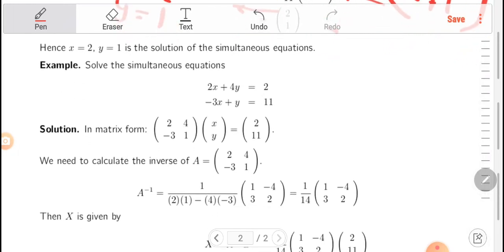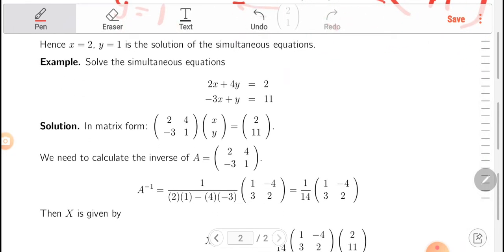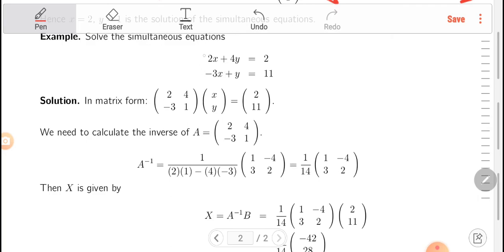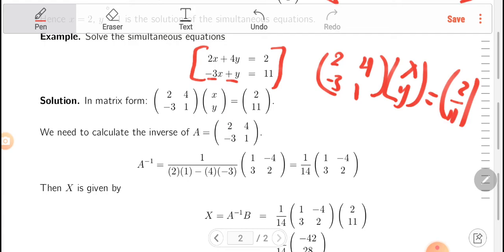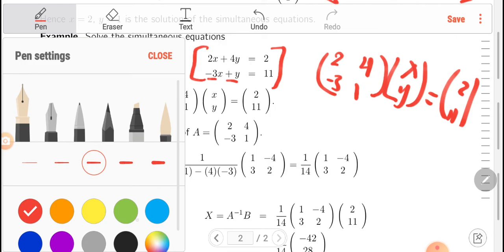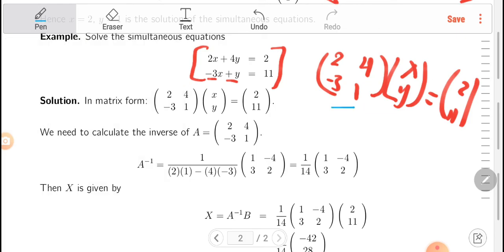If we have another system, let's see here. First of all, find the coefficient matrix 2, 4, and negative 3, 1 multiplied by x and y equals 2 and 11. And now we have to find the multiplicative inverse of this matrix.